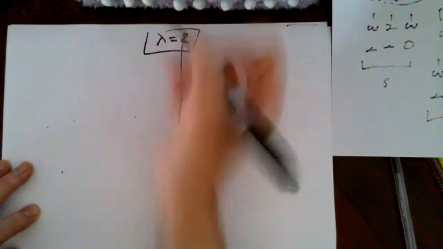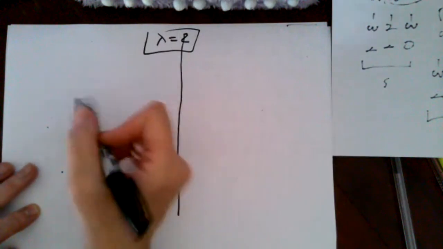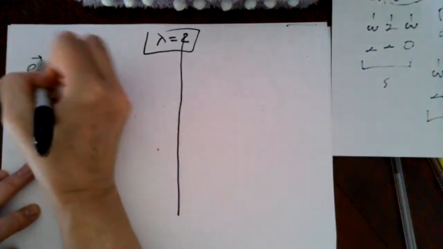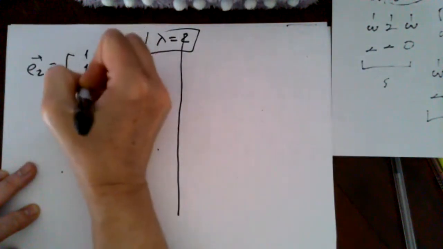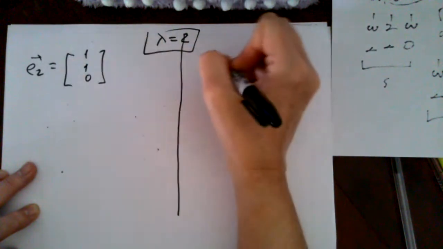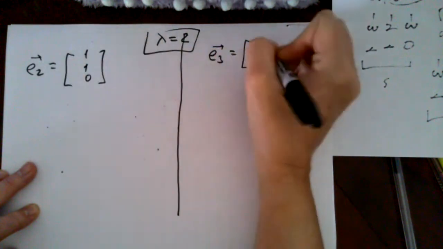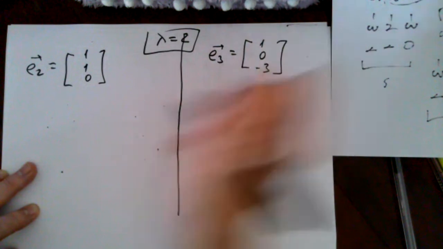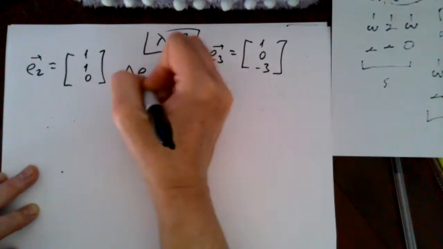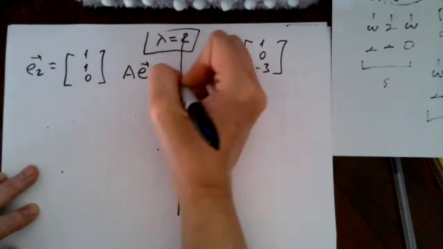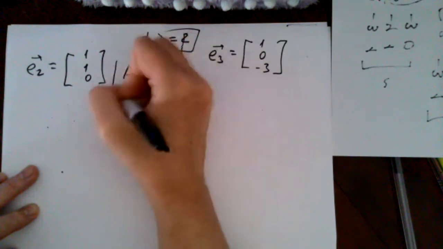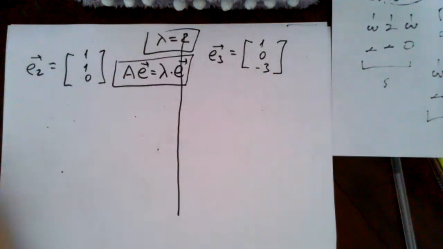Now it's checking. The last step is checking. I'm writing my e2 here so that I don't need to use my previous page. And e3 is here, 1, 0, minus 3. So A times e should be lambda times the vector itself. I'm going to check this equality.